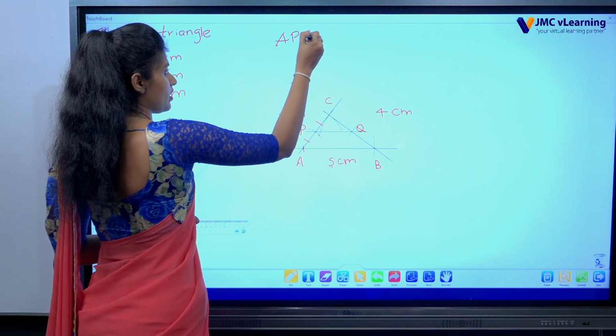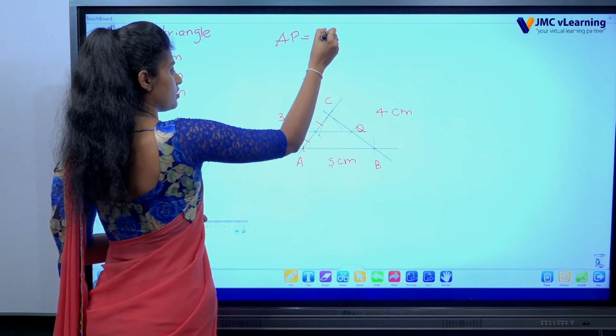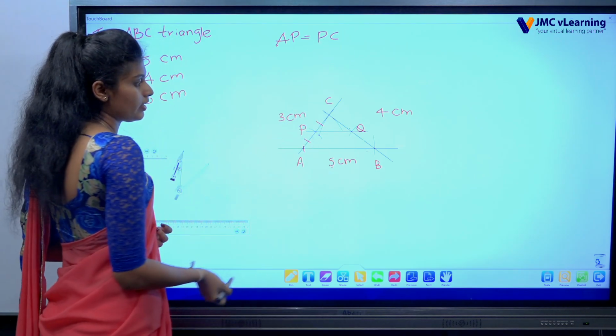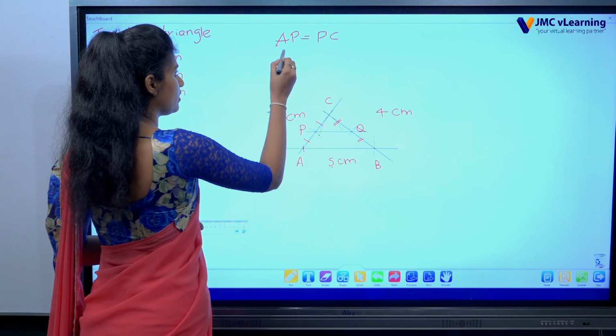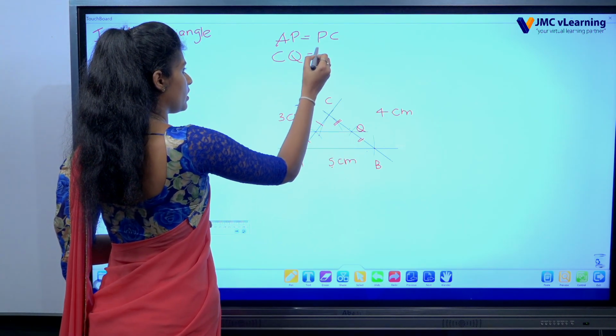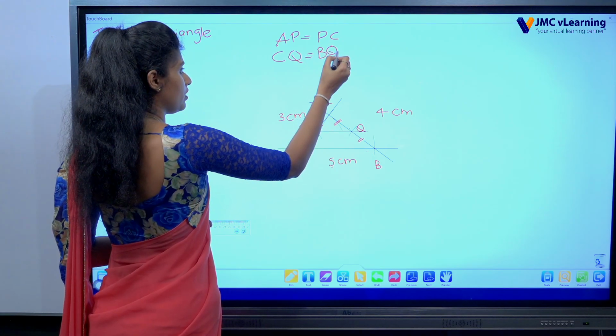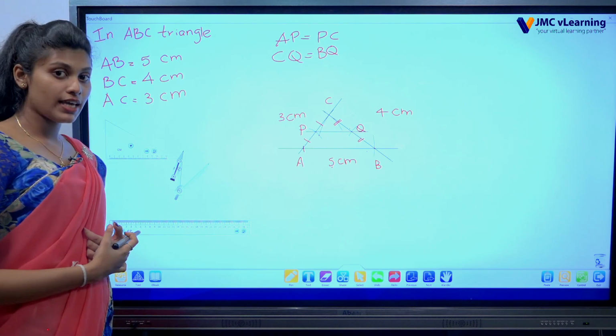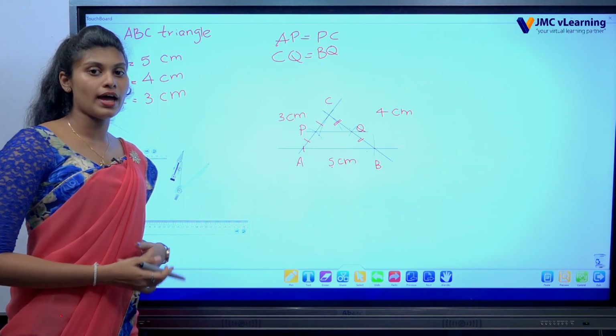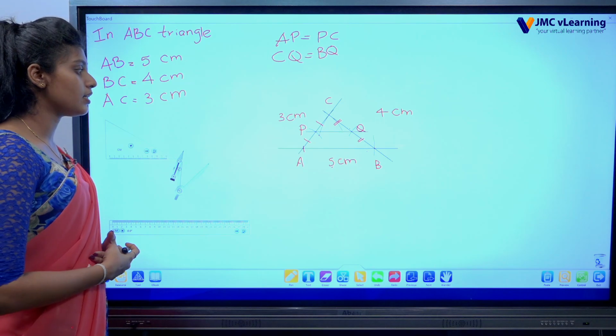AP equal PC, and here CQ is equal to BQ. CQ equal BQ. Okay. Now let's check whether that PQ and AB lines are parallel to each other.